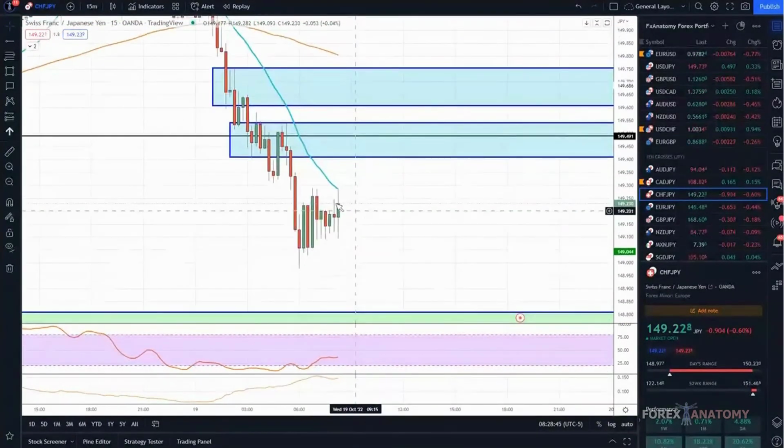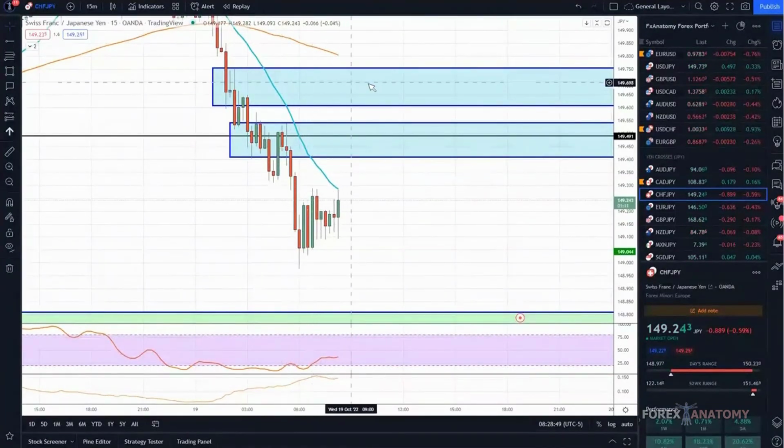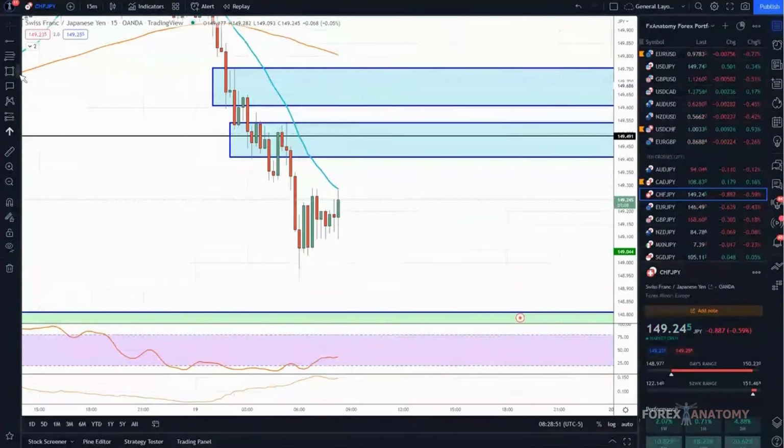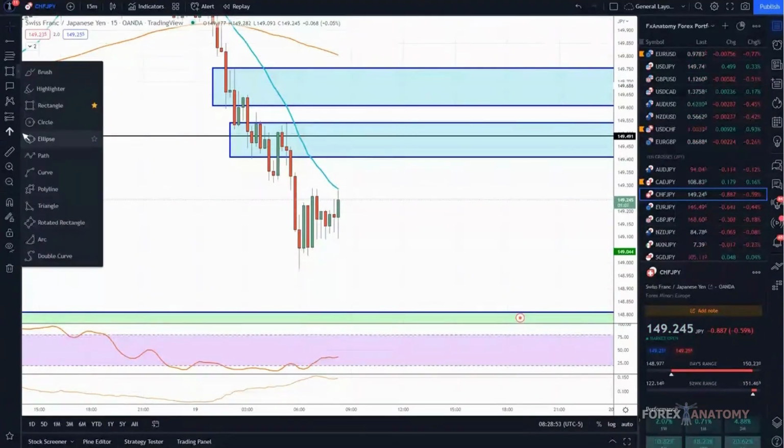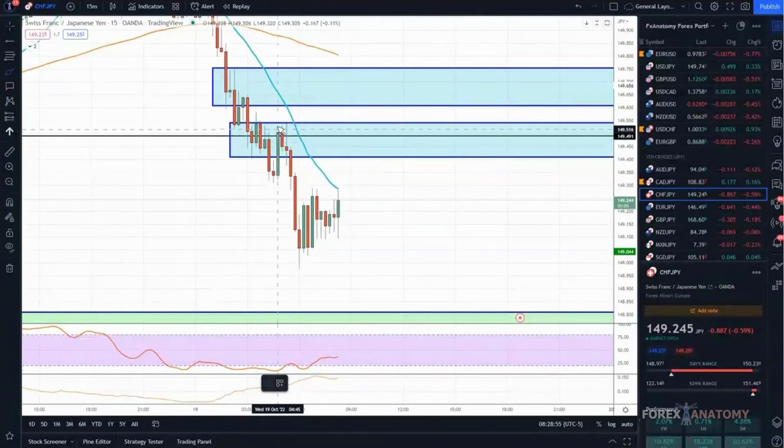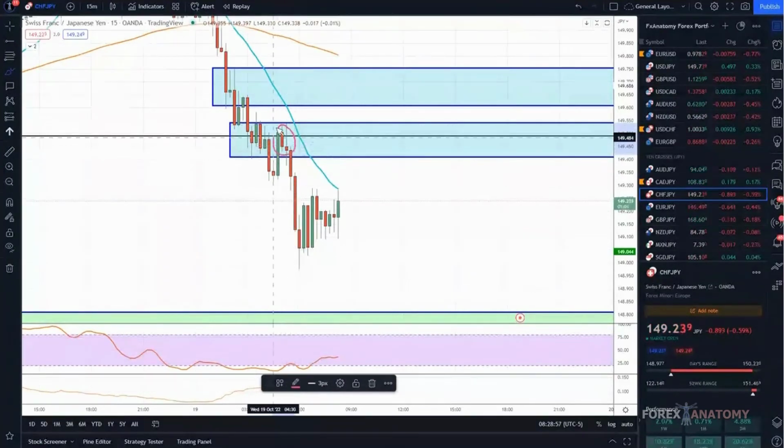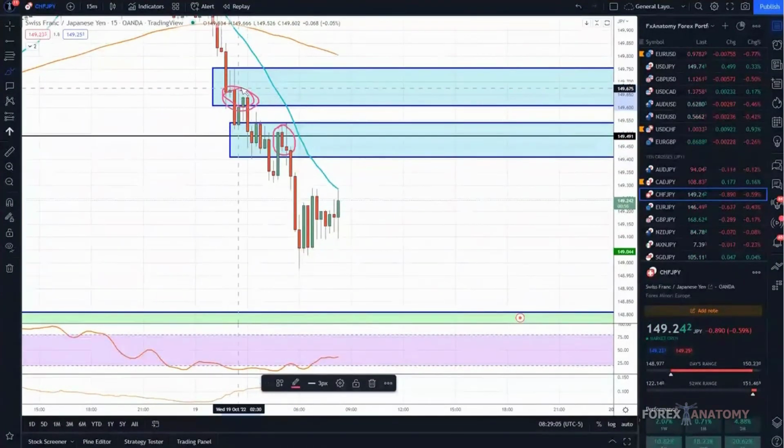But based on what I'm seeing now, there may be a likelihood that we may see price go to the second one. The reason why is because of what I said before. Remember this? I said not the first area of supply right here, but the second one, which is right around here.